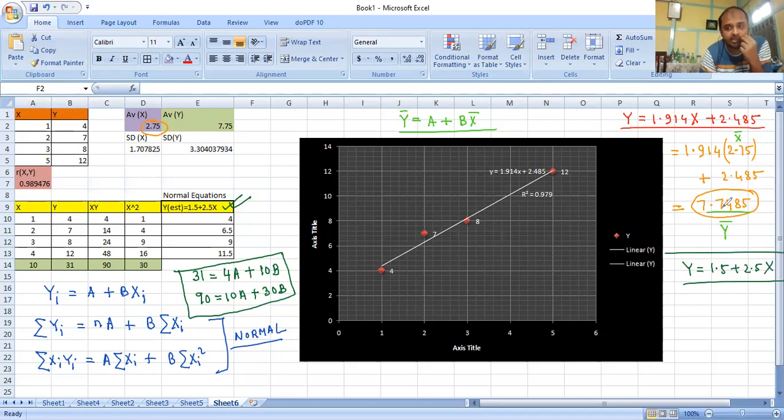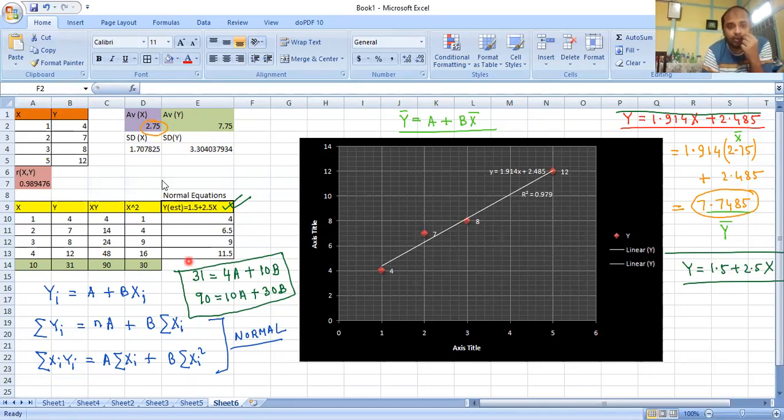Obviously, these two equations are different from one another. We will also observe that if you substitute the average value of x in this equation, the average value of y will not be obtained. So this equation, although it can be found, is not a regression equation. It is not a line of best fit.